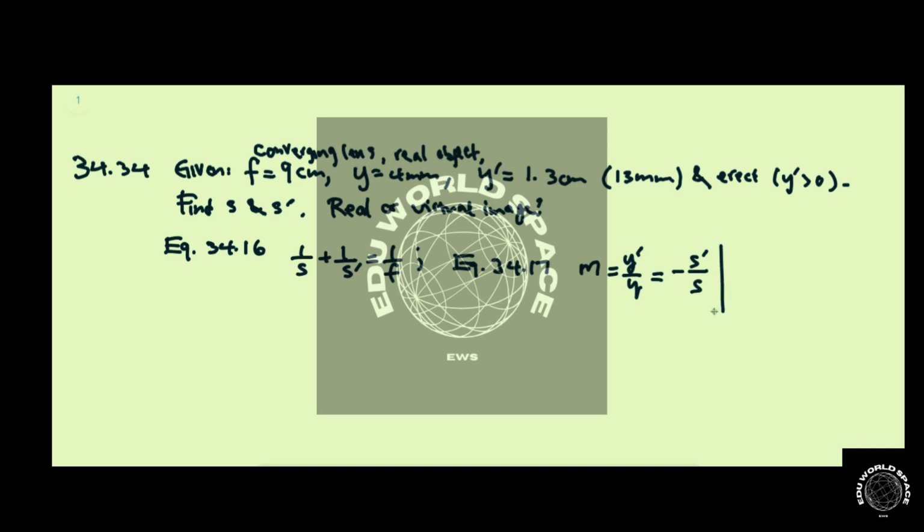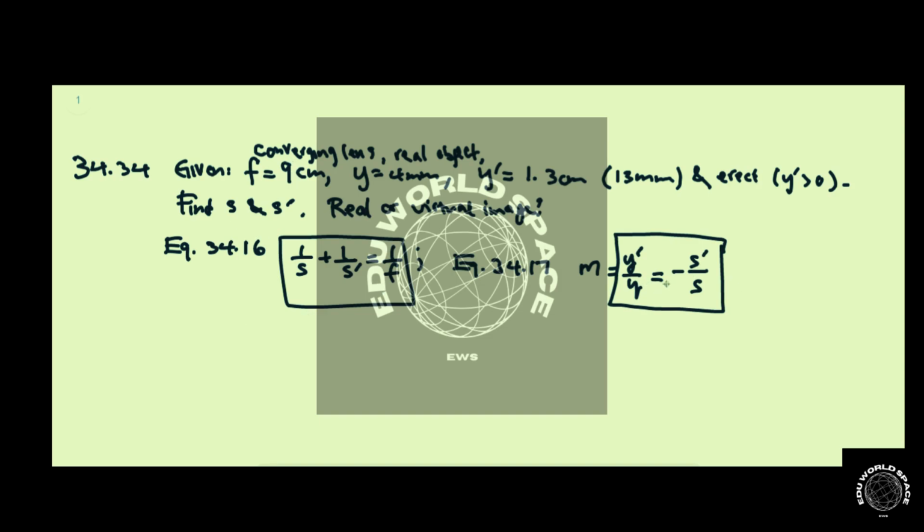So this part is the important part, the relationship between S and S prime and y and y prime. So now I have two equations and two unknowns. Therefore, I can solve for S and S prime because y and y prime are known and f is known, so I have enough information to determine what they're asking.